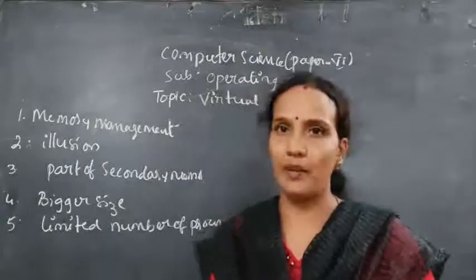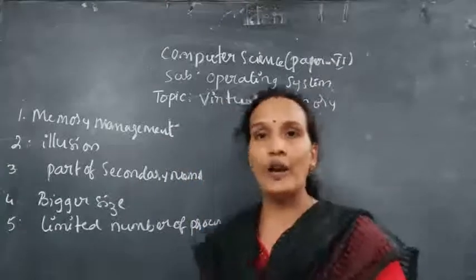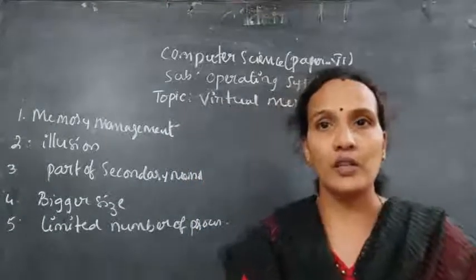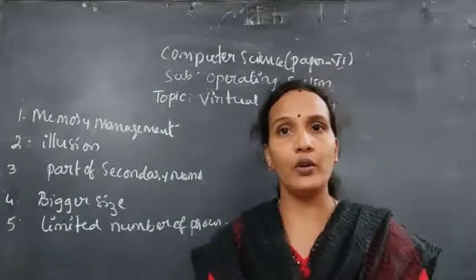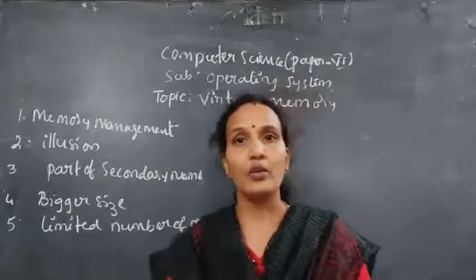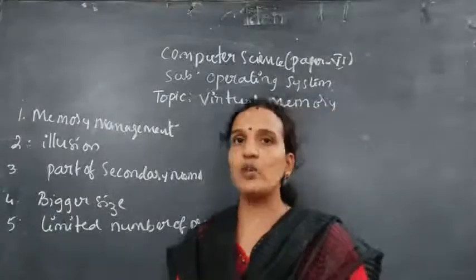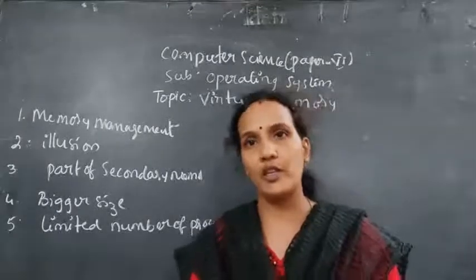That will come under memory management. So virtual memory is one of the memory management techniques. Already I have explained a few techniques of memory management: paging, segmentation, contiguous memory allocation. So it is also one of the memory management techniques.